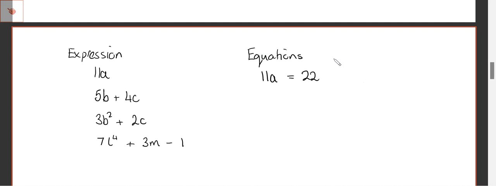For instance, like you've just been doing, 3x plus 2 equals 20. That is an example of an equation. An equation on the computer screen that you just did, 4t plus 3 equals 2t plus 11, is an equation. Okay?